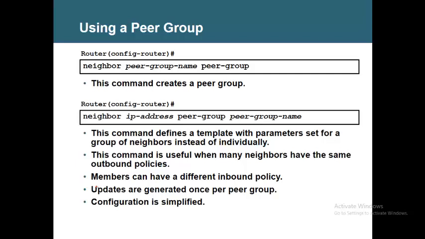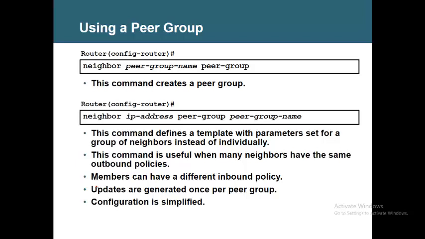Now you see, when do we use this? Very important. Whenever we have the same outbound policy to be configured to many IBGP neighbors. Mostly we use this with IBGP neighbors.